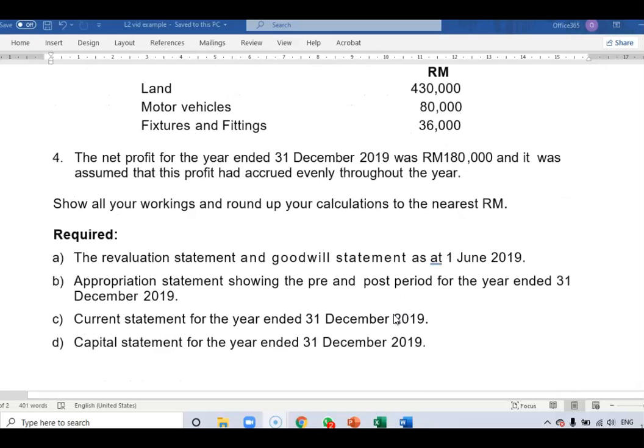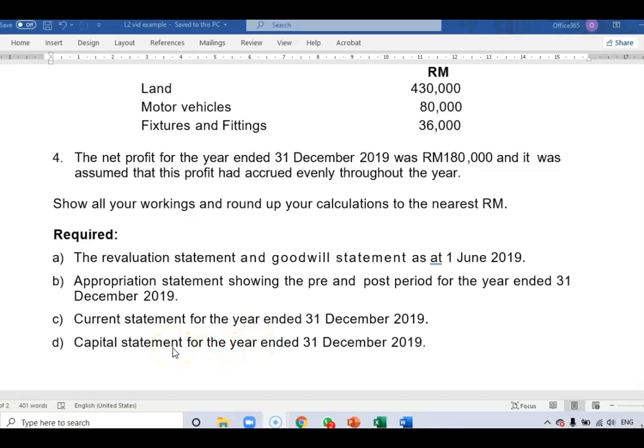Okay, then the question asks to do the revaluation statement, goodwill statement, appropriation statement, current statement, and capital statement. Normally when we receive a question like this, I would suggest you do the appropriation statement first, then the revaluation statement, goodwill, then current or capital, whichever, it can be vice versa.